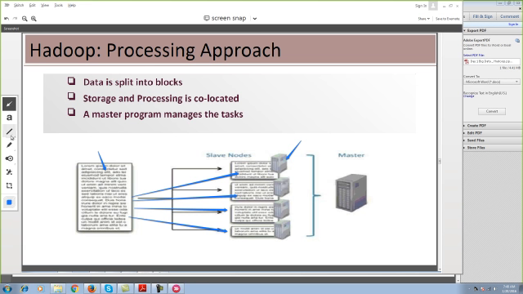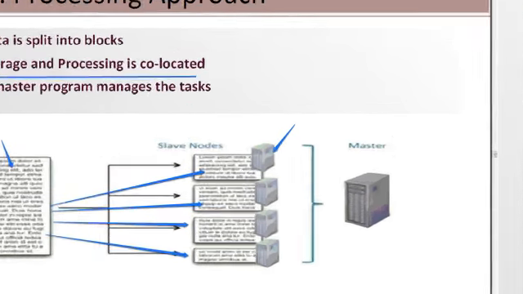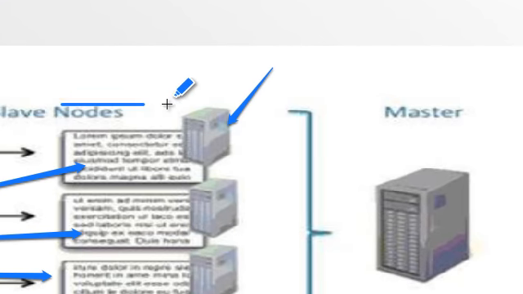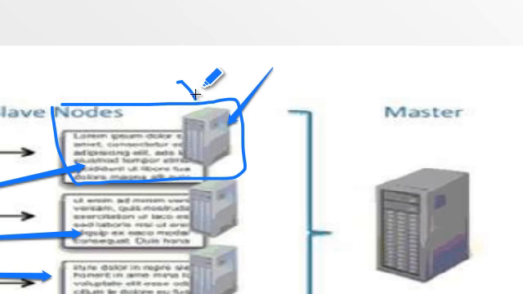The very first thing about the processing approach is that storage and processing are co-located. If you have data available on this machine, your processing will also happen on the same node. This is a shift from distributed computing, where you have to move all the data to a central storage for processing.